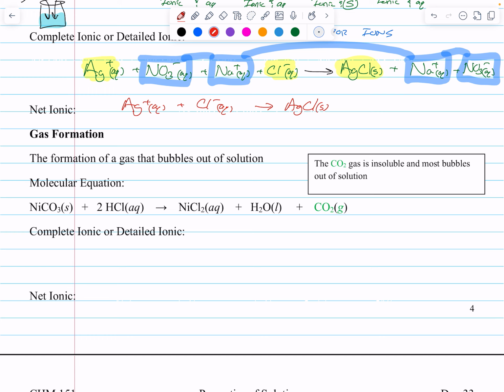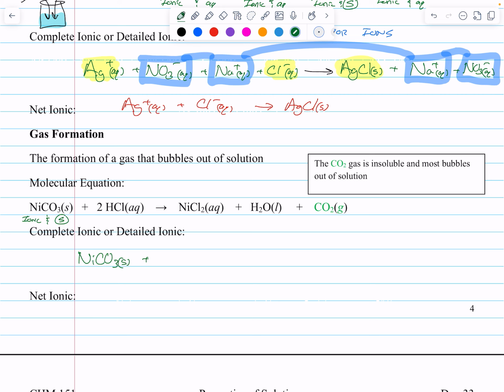All right, so now we need to figure out what these are in the complete ionic reaction. And so nickel 2 carbonate would be ionic compound, metal and polyatomic ion. So it's ionic and it's solid, so it stays together. So I'd have NiCO3 solid.